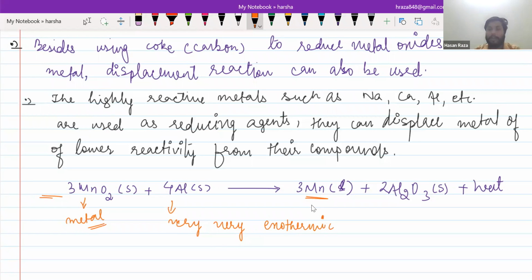Are you getting my point? Yes sir. It is very highly exothermic, and since it is exothermic, it will evolve a lot of heat energy, and due to that heat energy, the metal exists in molten state. And this reaction is used to join railway tracks and metal machinery parts.